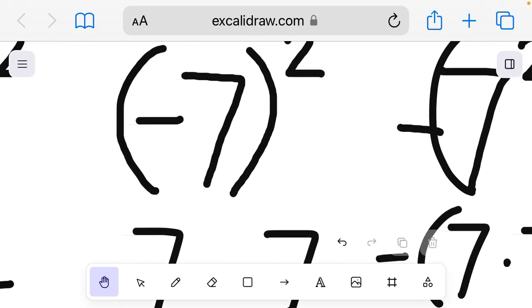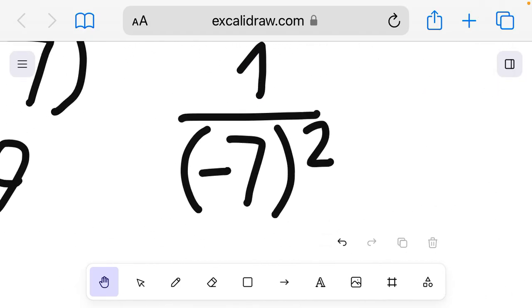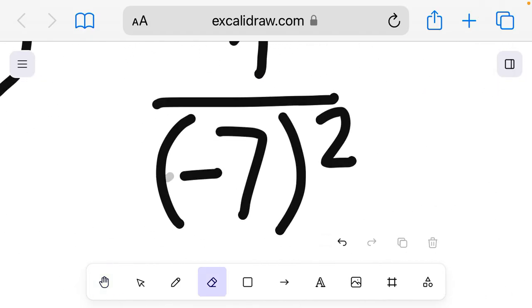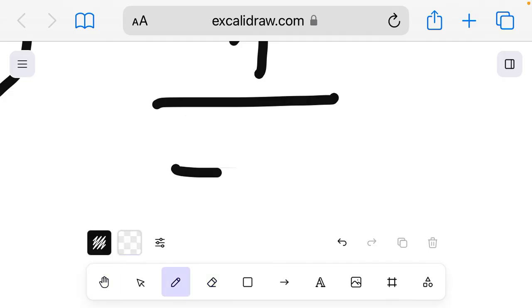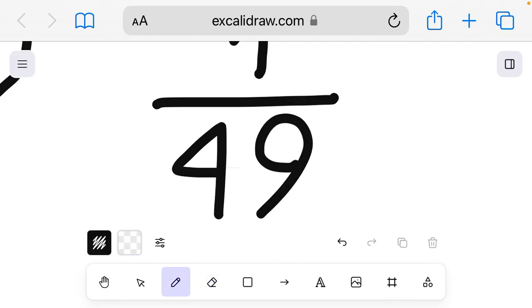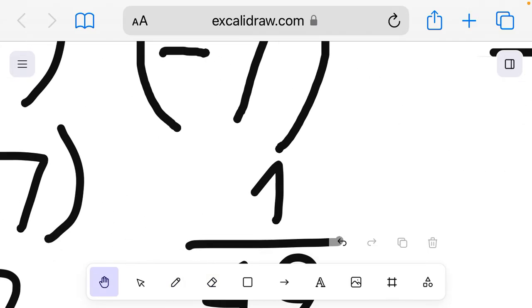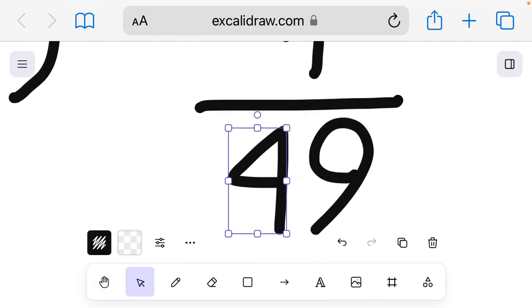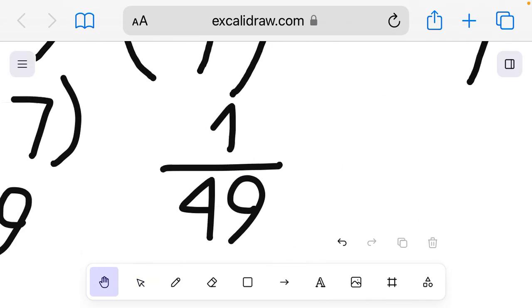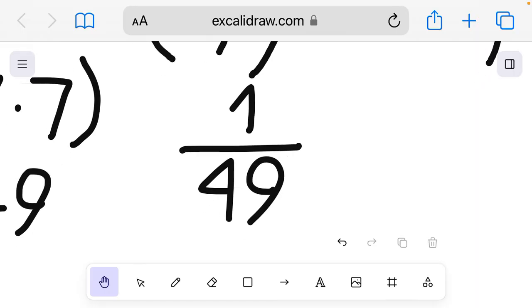Well, you've seen it before. It's positive 49. So you write positive 49. So basically it's 1 over 49.